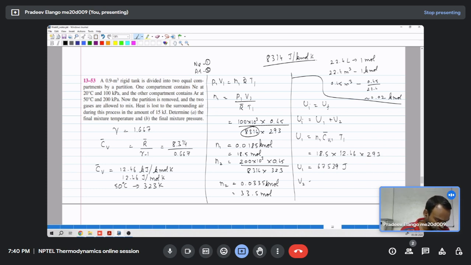Similarly, U2 is 33.5 into 12.46, because CV is the same for both monatomic gases, and the temperature is 50 degrees Celsius, that is 323 Kelvin. This is 134,823 joules.